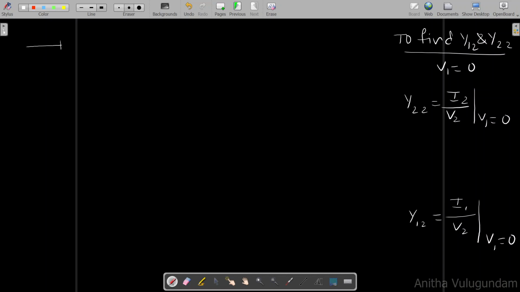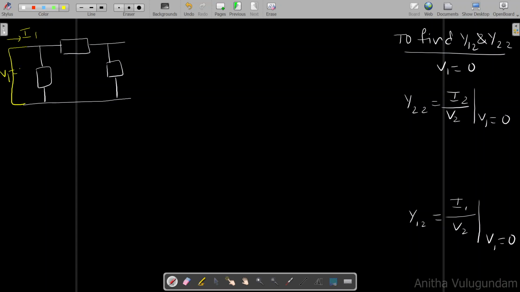By redrawing the circuit, I1, V1 equal to 0 means this becomes short circuited, and we have I2 here, and this is V2, and this is YB, YC, YA.